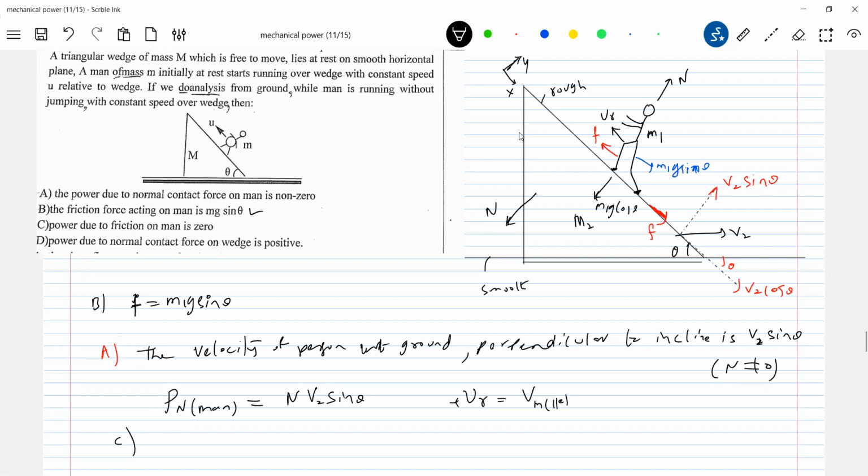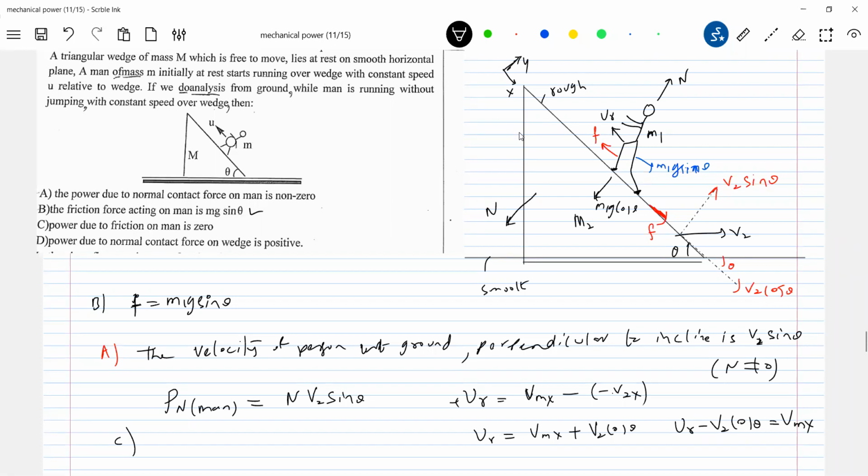Take like this, x and y. So velocity of man along x minus velocity of the inclined plane along the incline. Up the incline I'm taking positive. This should be equal to UR plus V2 cos theta... so this will be UR minus V2 cos theta. This is the velocity of man with respect to ground along the incline.